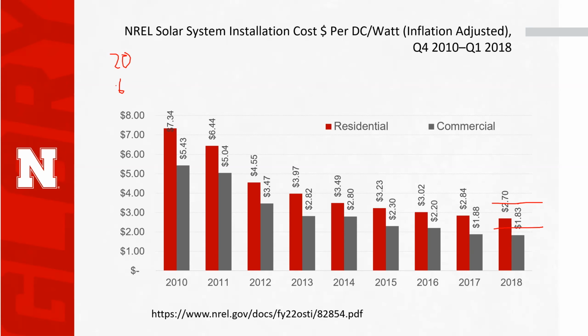And the nice thing about doing these little bits of math when we get multiple quotes is that we can compare two systems because we have them in the same units, dollars per watt. And so we can get a good sense of the difference between the two systems.